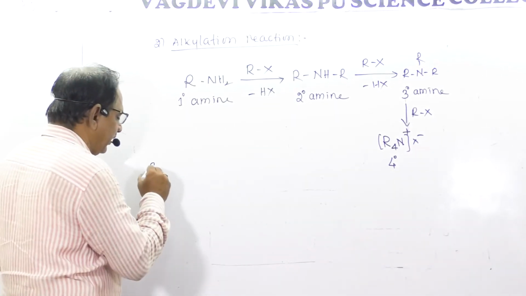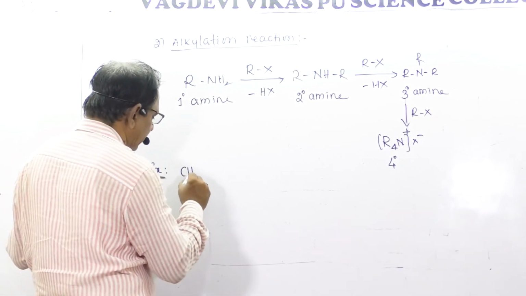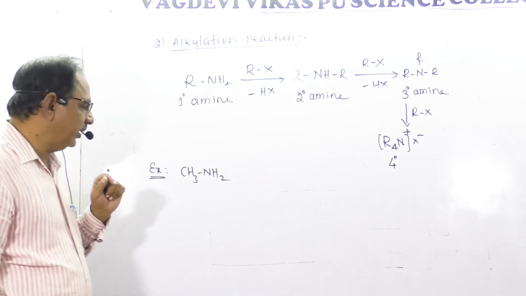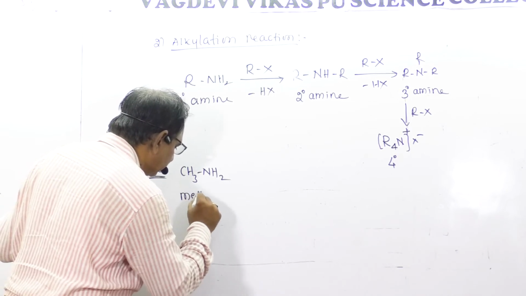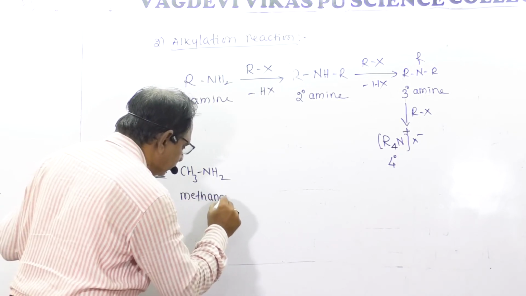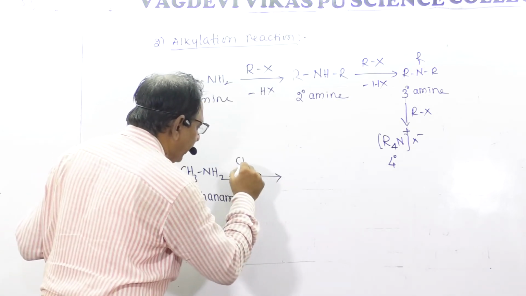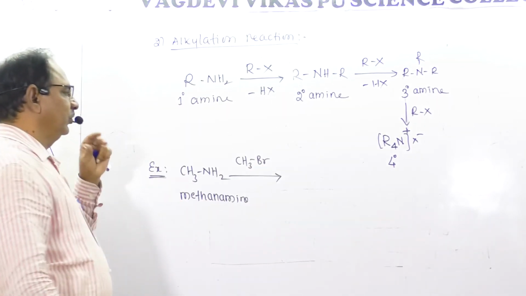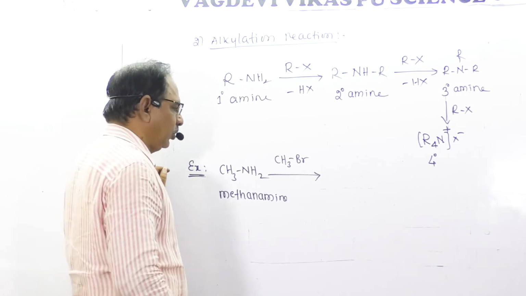Here I will discuss an example. The example is CH3NH2, named methanamine. Methanamine reacts with CH3Br, bromomethane or methyl bromide.